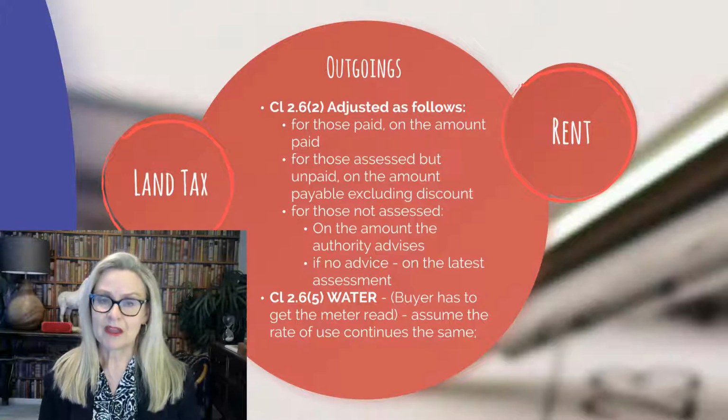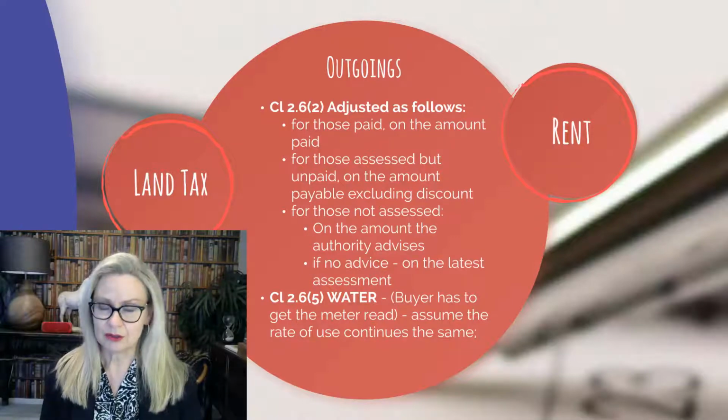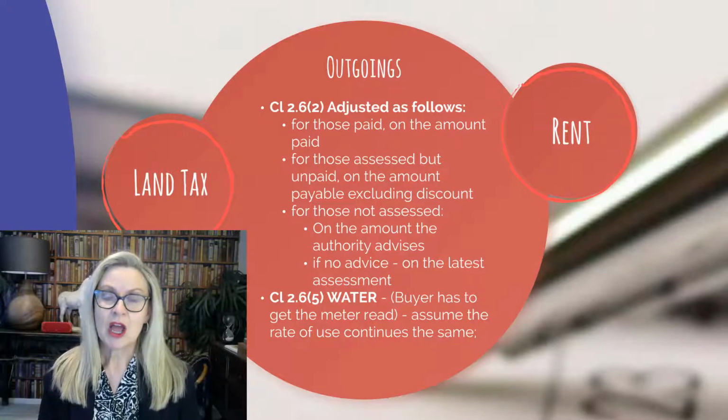For charges that have been assessed but unpaid, then the calculation is going to be made on the amount payable, excluding any discounts. Sometimes, for example for rates, you'll get a discount for paying early. So you've got to exclude those kinds of discounts, and then you'll adjust the amount between the parties.